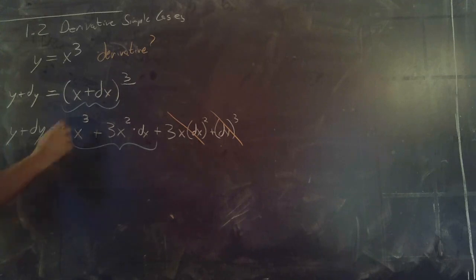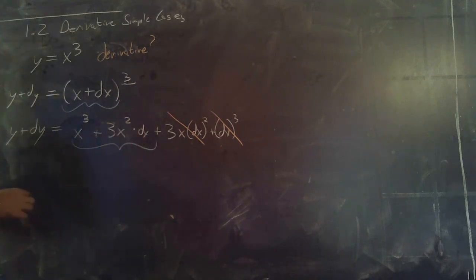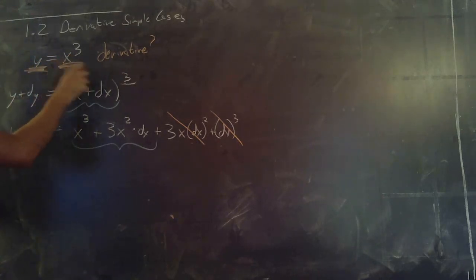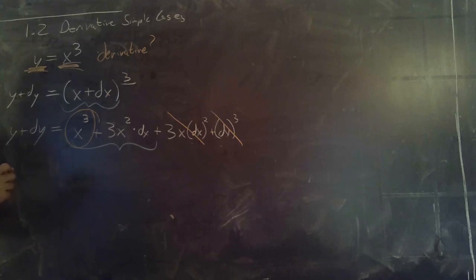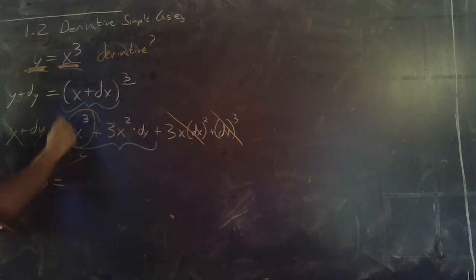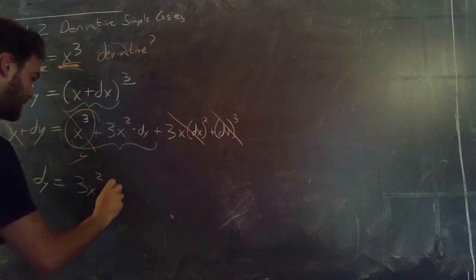So what you have is x to the third plus 3x to the second times dx. Well, notice here that in the original statement, y is equal to x to the third. That's this guy right here. So if I take y from both sides, I'm taking something that's equivalent to y off of the left-hand side, leaving me with dy, and I'm taking something that's equivalent to x to the third off of the right-hand side, leaving me with 3x squared times dx.